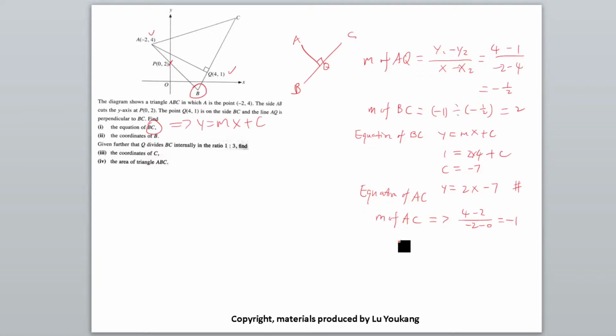So over here should be equation of AB. It's not equation of AC. So I'm correcting it right away.